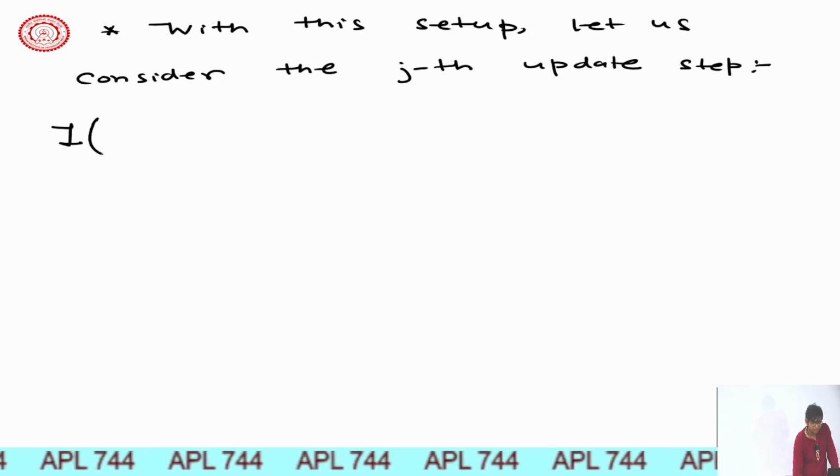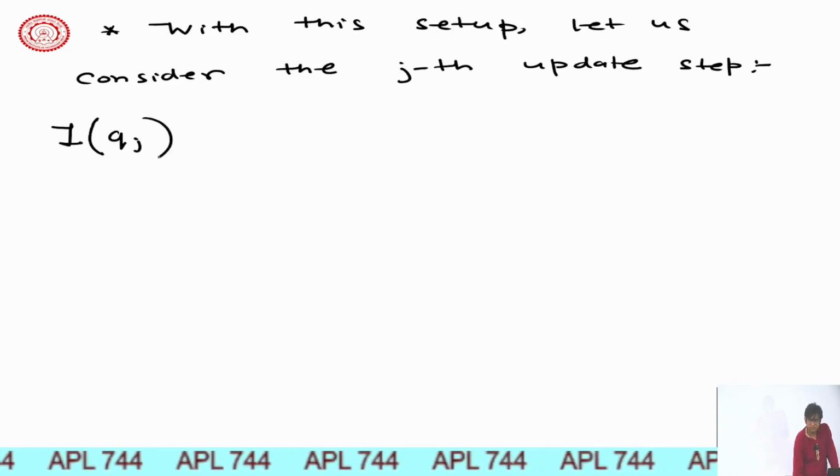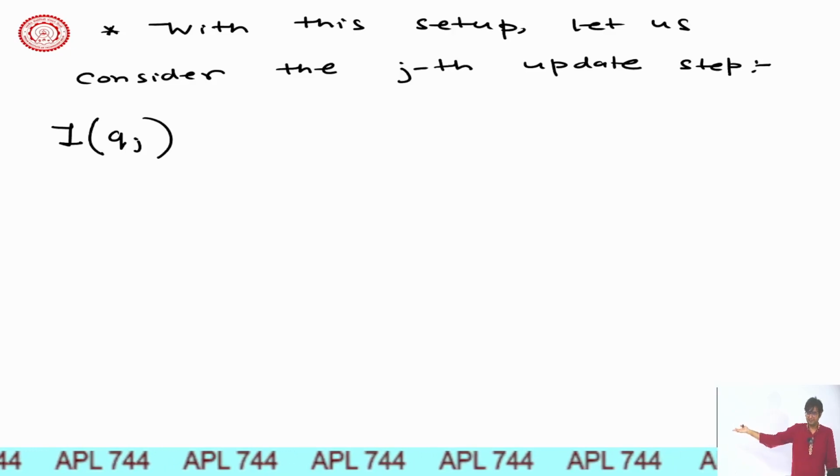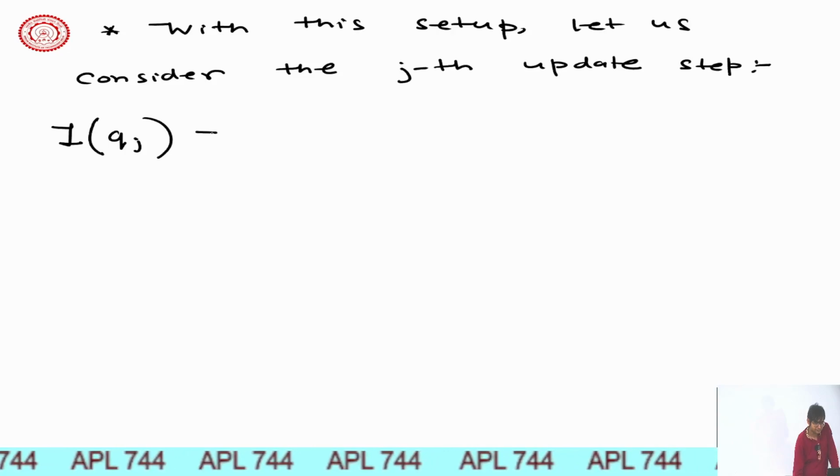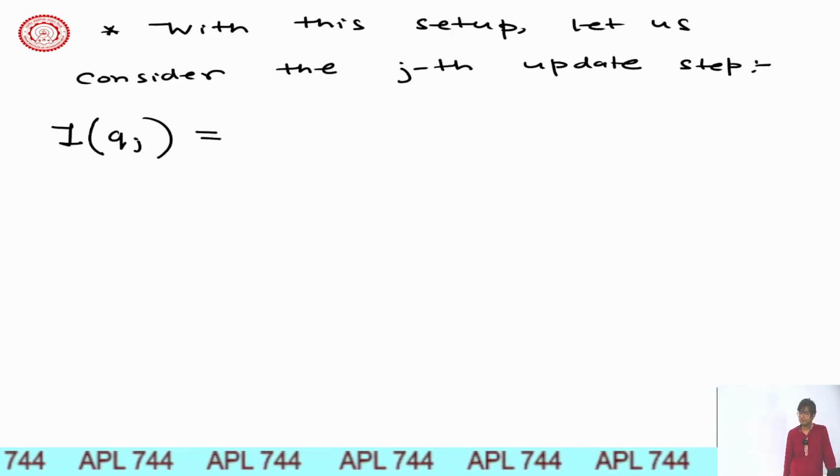First of all, it will be L of Qj, because I am only updating the jth one, others are kept fixed, right? Now, what will the loss look like?